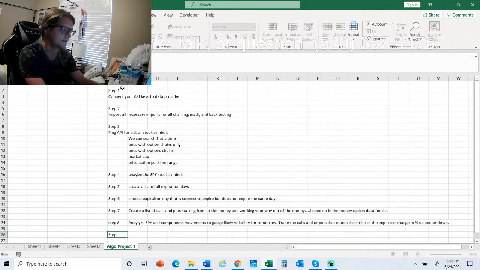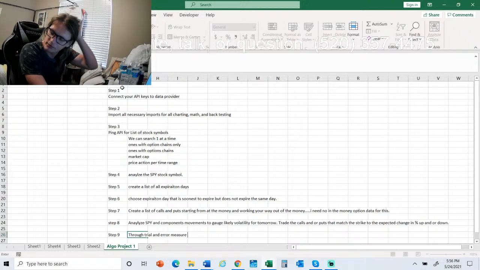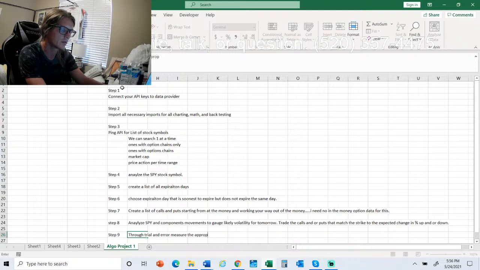Step 9. Through trial and error, measure the appropriate percent per dollar value on calls versus percent of dollar value on puts.